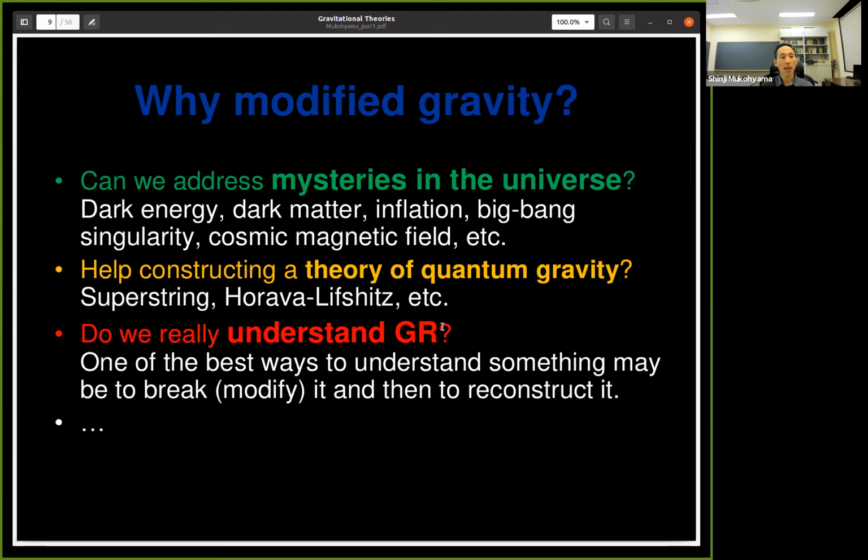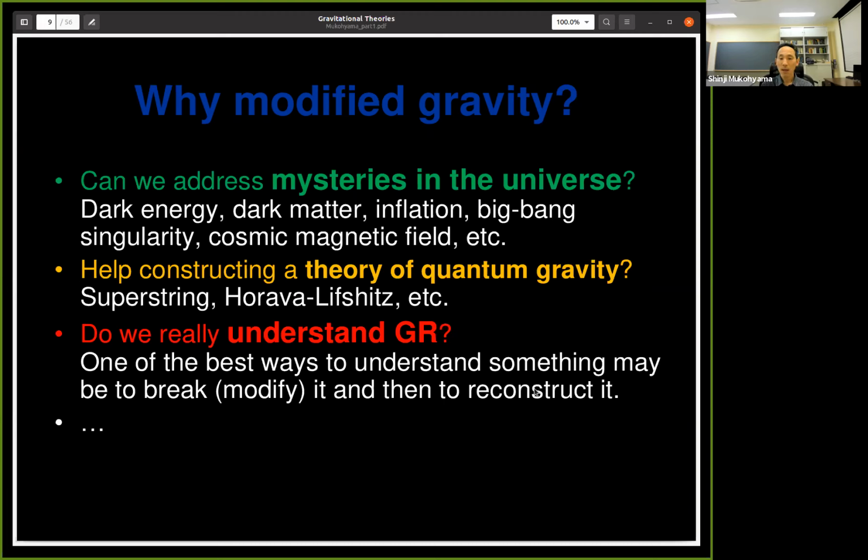Then we can compare the predictions with observation and experiment. After all, I think one of the best ways to understand something may be to break it, namely in this case modify it, and then reconstruct it. So in the end, GR may be the right description, but even in that case, we need to modify it first.